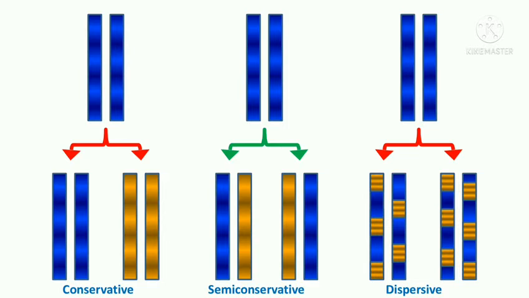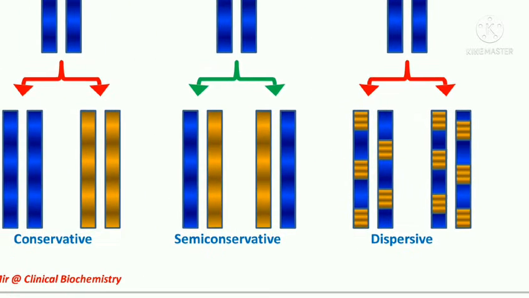Another is the dispersive model. You see, the parent DNA gives rise to DNA that contains bits of new strands and bits of parent strands.